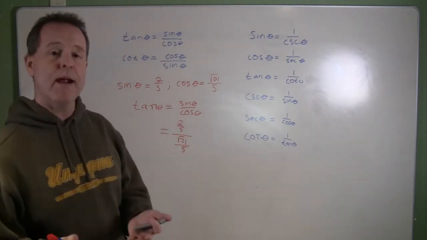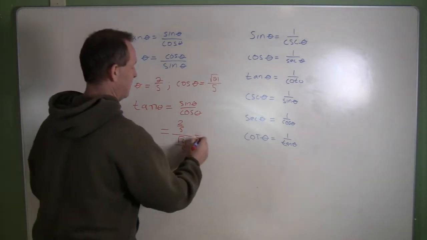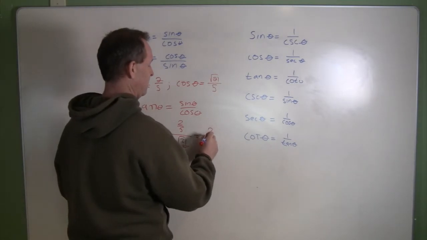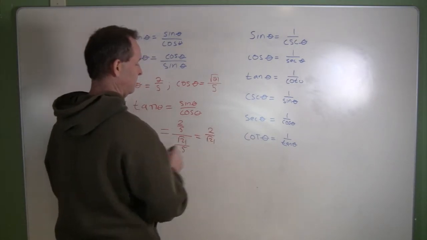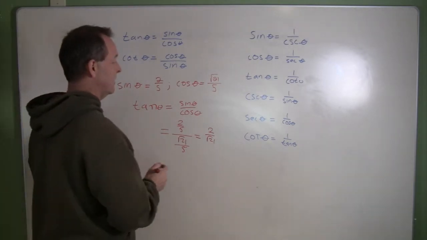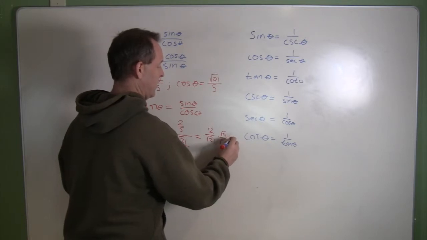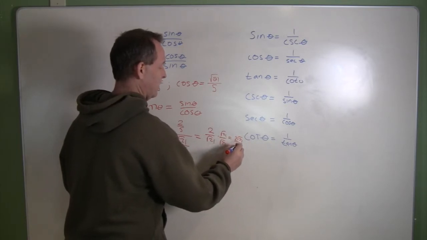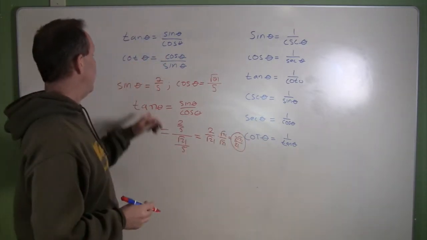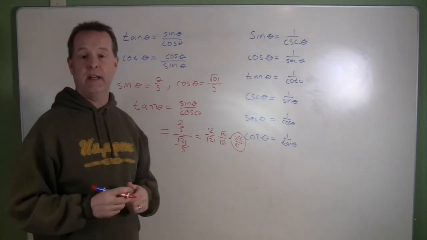And if I remember how to divide fractions by fractions, I can flip over and the 5's disappear, and I get 2 over root 21. Then I have to rationalize the denominator, so I multiply both the top and bottom by root 21. So I get 2 root 21 over 21. So now I have sine of theta, cosine of theta, and tangent of theta.